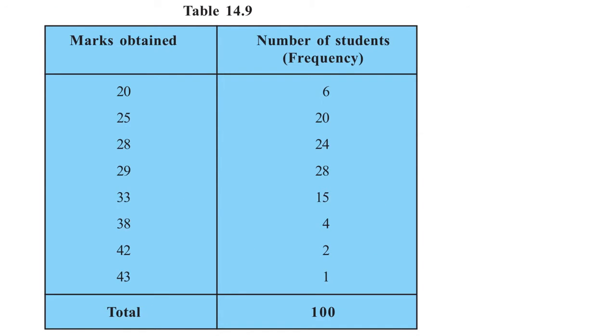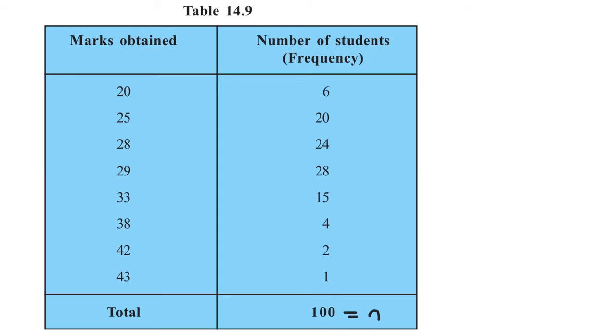So we have arranged the marks in ascending order and the number of students, their frequency. If you observe, 20 marks are obtained by 6 students, 25 marks are obtained by 20 students, and so on. So the total number of students is 100, which means our n is equal to 100, an even number.